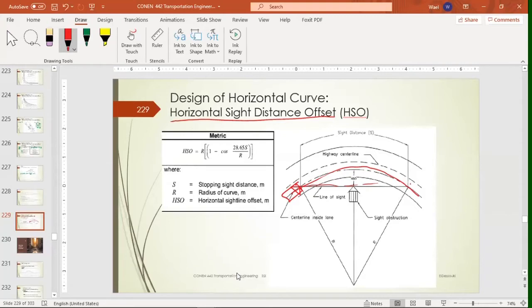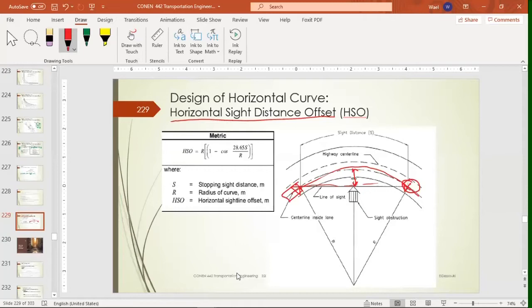So if there's an obstacle here, they can see it. That's what we mean by horizontal side distance offset: from this point to this point, everything should be clear and the driver can see through.